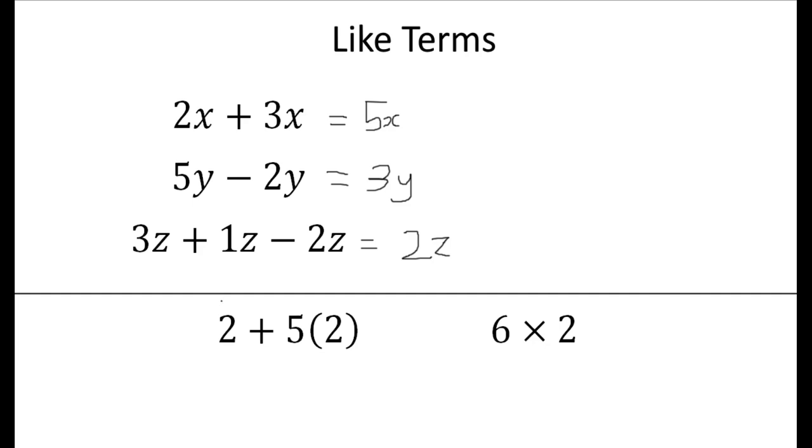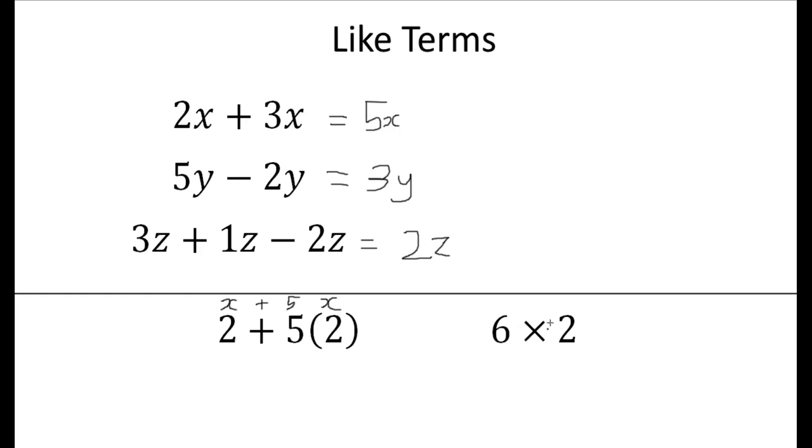So the expression in this case would be x plus 5x. Right? Now remember, when you have the brackets like this, this is another way of saying multiply. So we got 5 and then brackets 2 brackets. That just means 5 times 2. So that's another way of writing it. Just to keep that in mind.